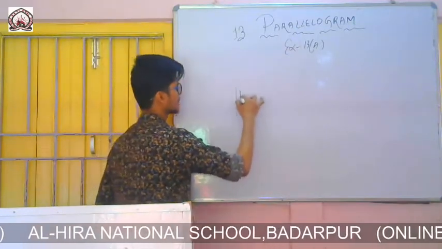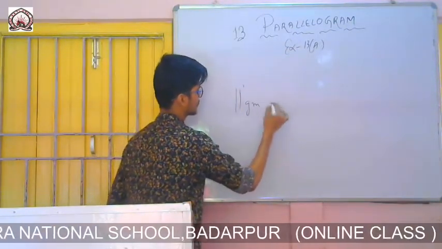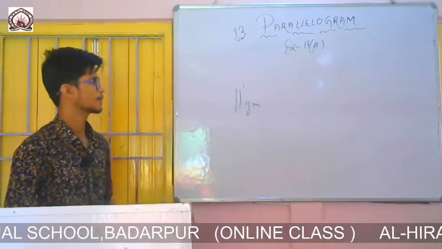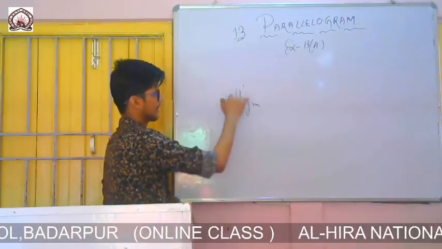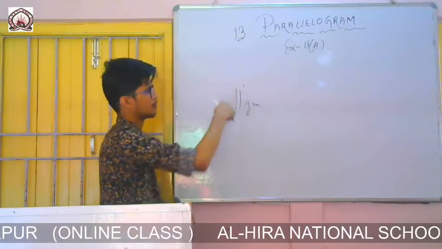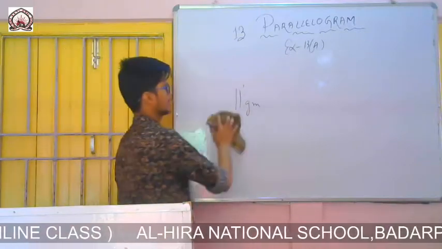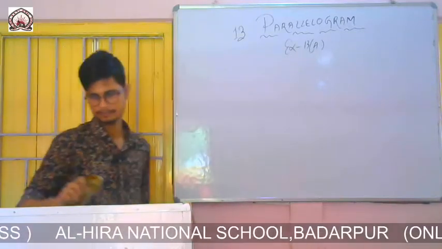Congruent we can say as similar, like this. Parallelogram in short form we can write like this, with the parallel lines symbol and GM, or you can write it in full as parallelogram.